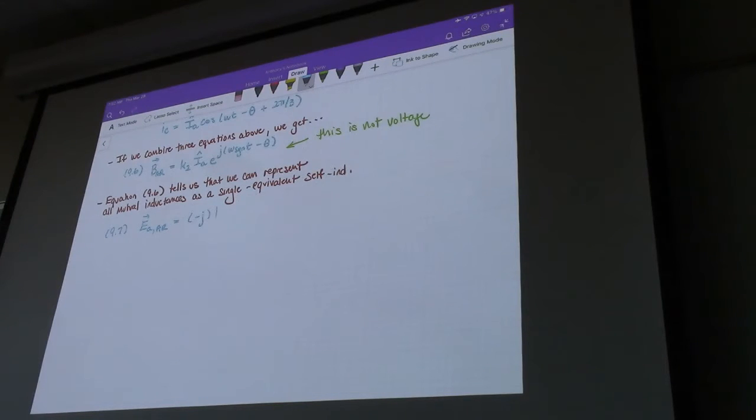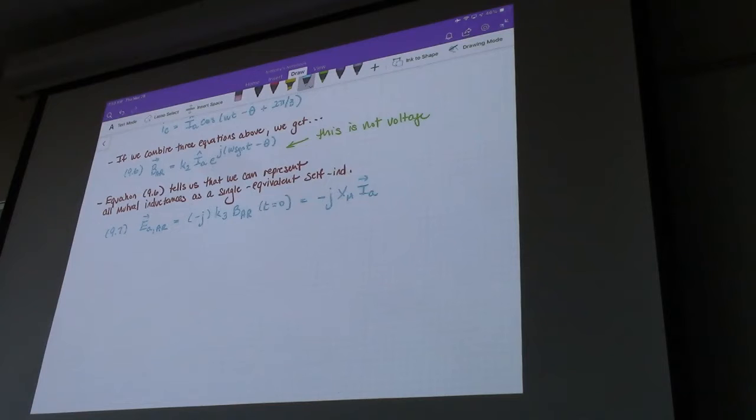Negative j times K3, which is going to be a different constant than K2, times the value of the armature equivalent magnetic field intensity at time equals 0. And the reason why we use it at time equals 0 is because that's going to be your maximum value. That will also be represented as this right here.